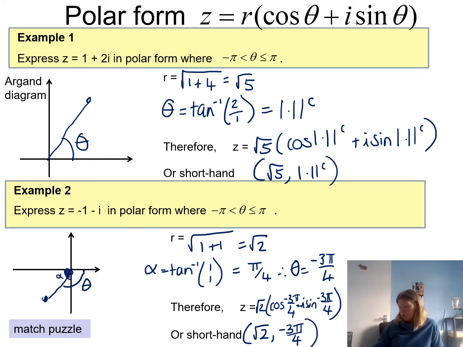Now remember, you can also do this on the calculator, though I'd rather do it by hand. In your run mode, press OPTN, then F3 is complex, and then if you press F6, you get R theta and A plus iB.